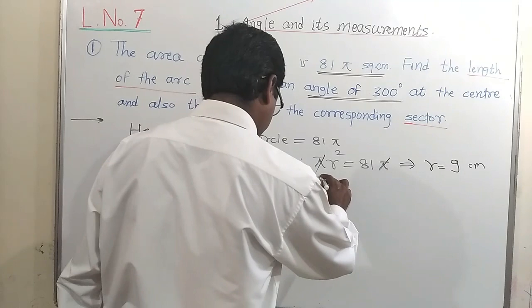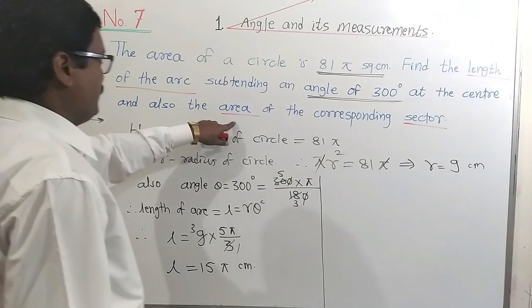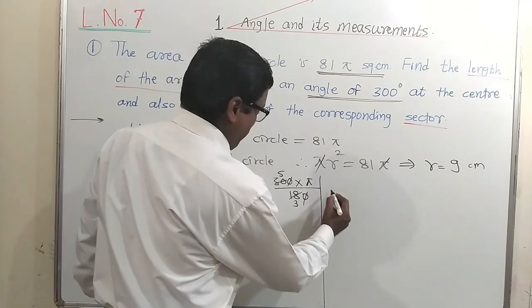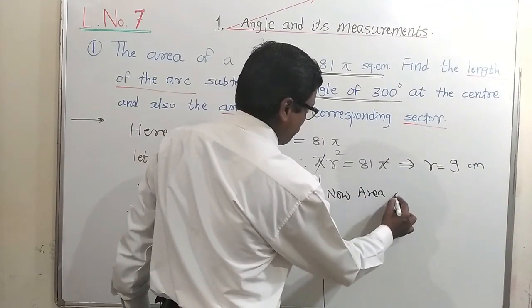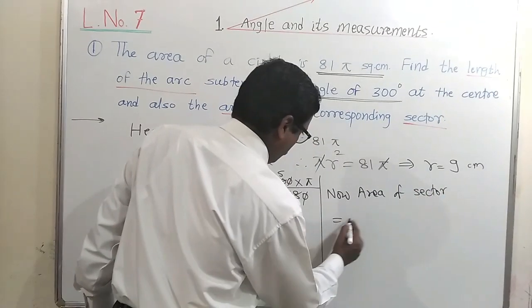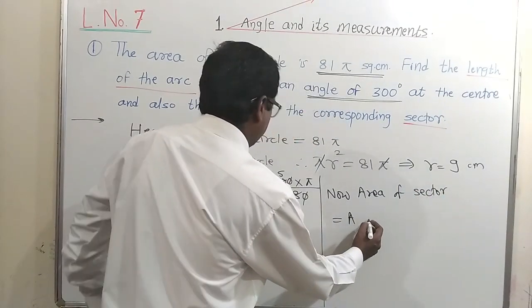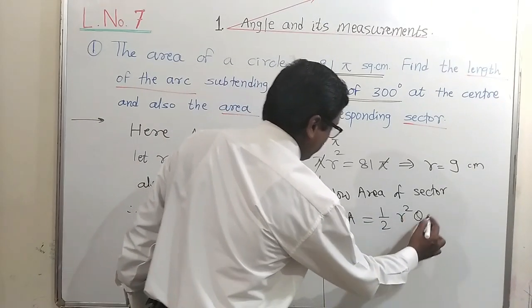Now find the area of the corresponding sector. The area of sector is A, and it is equal to 1/2 r square theta.